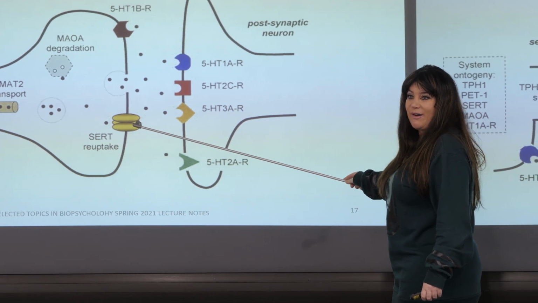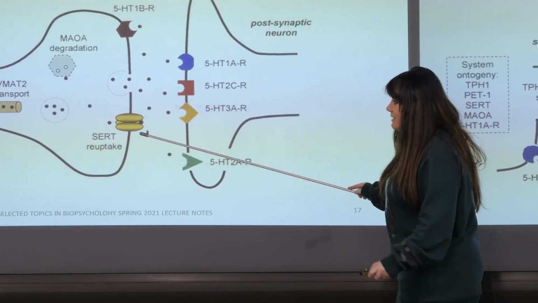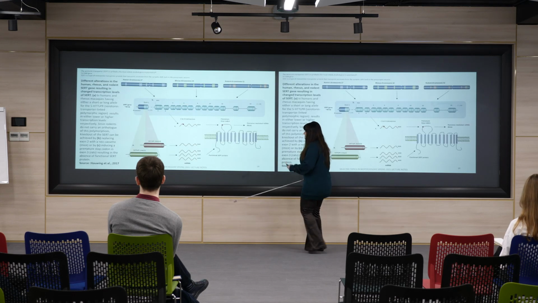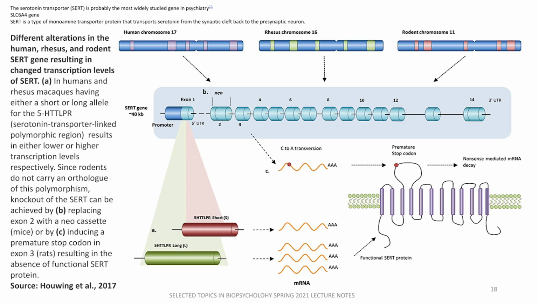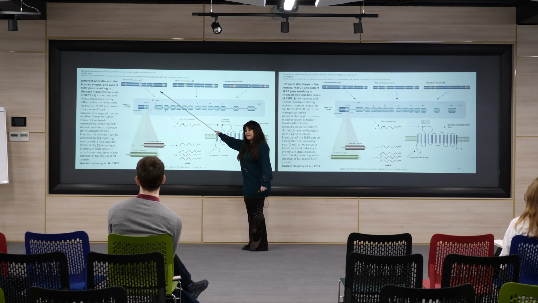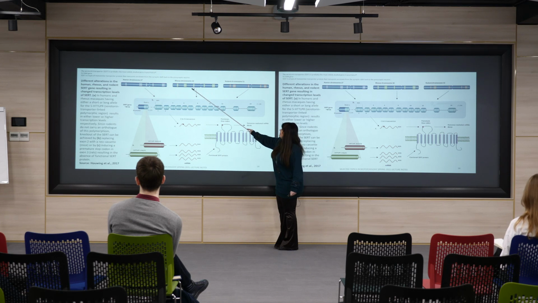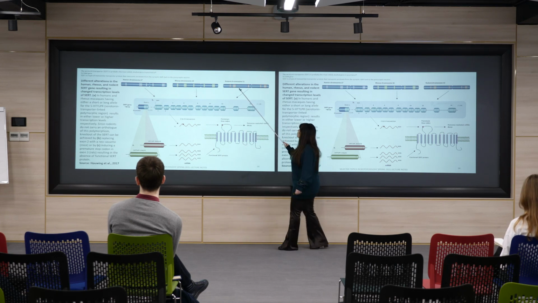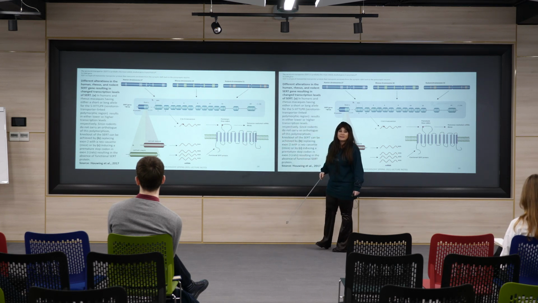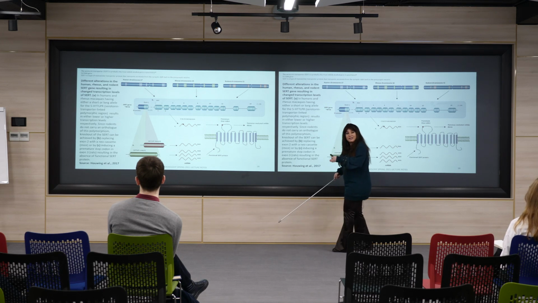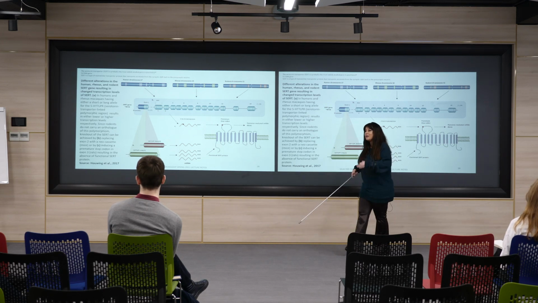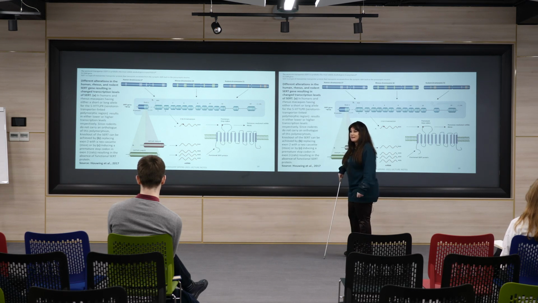Now you know its function. This protein is encoded by a gene, the gene encoding the serotonin transporter protein. This gene exists in humans on chromosome 17, in monkeys on chromosome 16, and in rodents on chromosome 11. So we have homologs of all genes in other organisms as well.